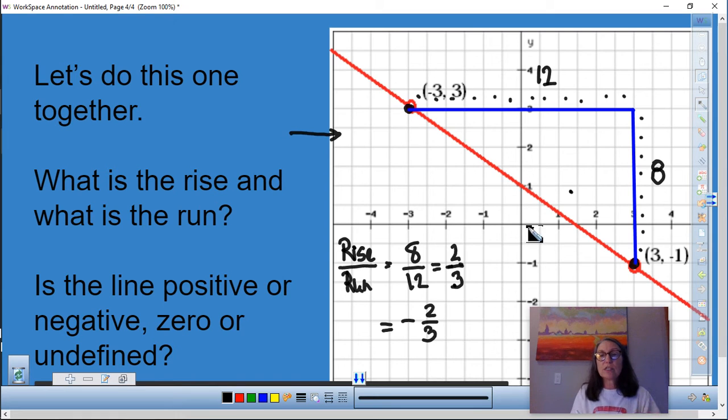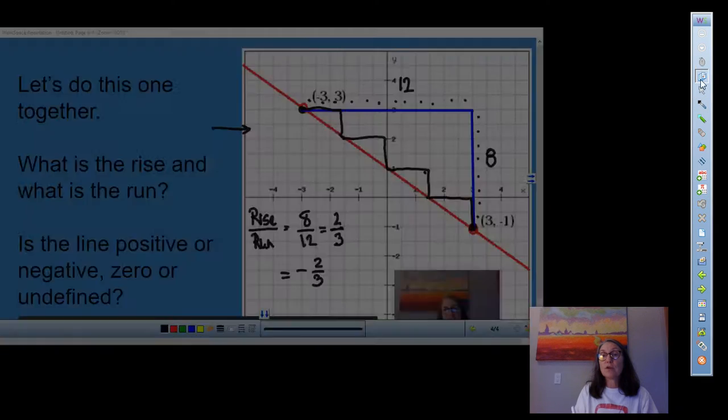No matter what 2 points I choose on this line, I'm going to experience a rise of 2 and a run of 3. Rise 2, run 3. Rise 2, run 3. So my slope is -2 over 3.